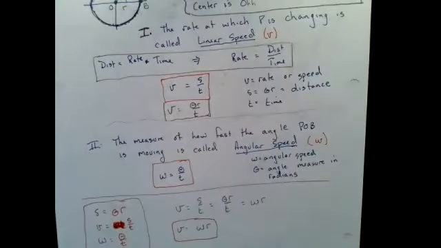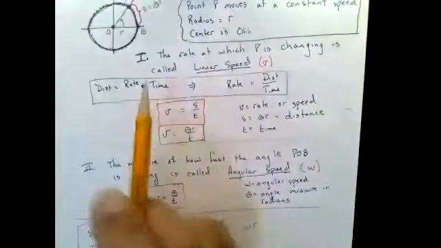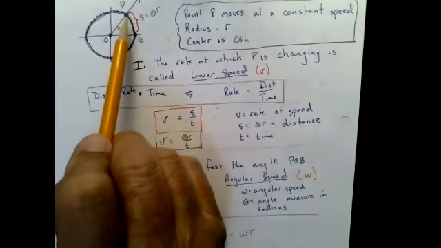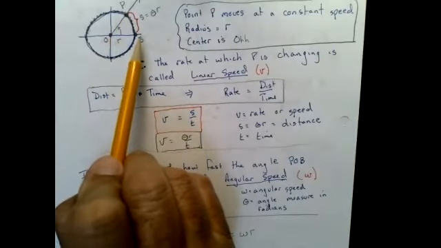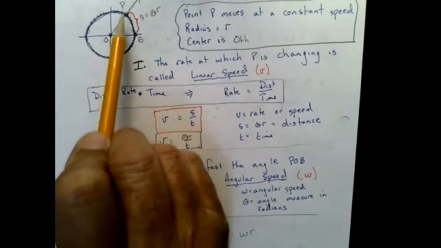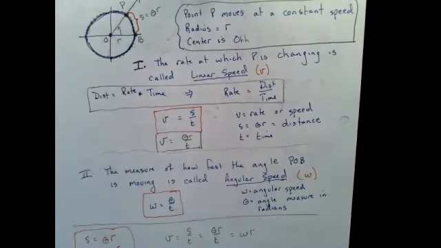Next one. The measure of how fast the angle is changing. Some of you should remember that we can call it angle POB or BOP, using the points. So that's why the B is there as well as the O. The measure of how fast angle POB is moving is called angular speed.